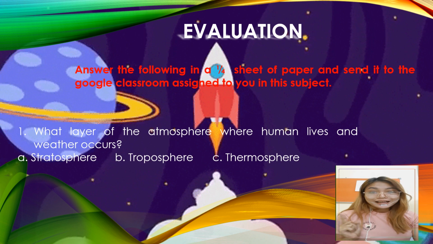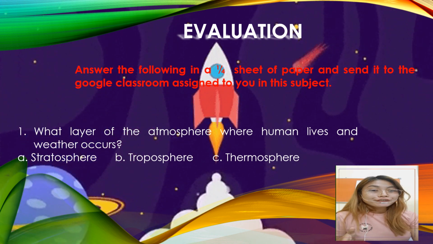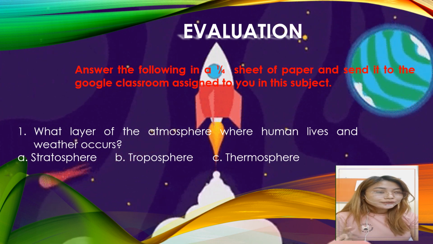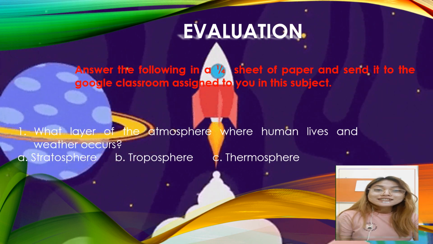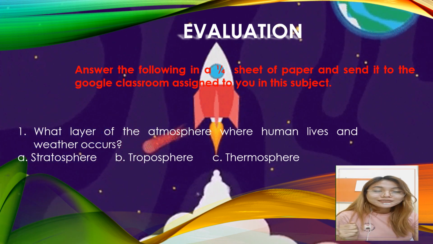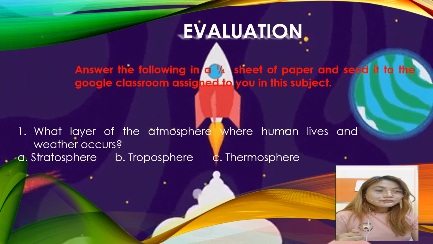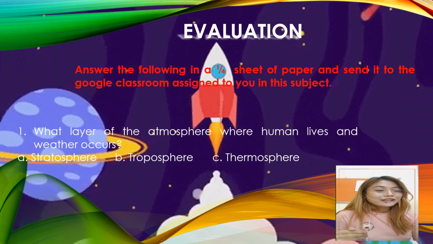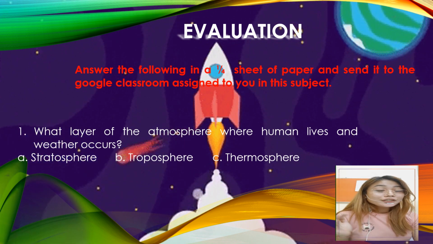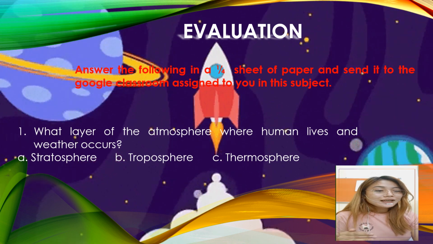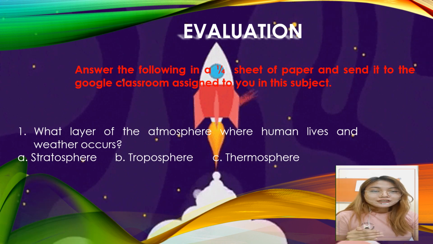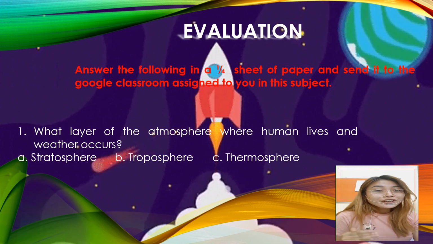For the evaluation time, answer the following on a 1/4 sheet of paper and send it to the Google Classroom assigned to you in this subject. So are you ready? Number 1, what layer of the atmosphere is where humans live and where weather usually occurs? Is it A, stratosphere, B, troposphere, or C, thermosphere?